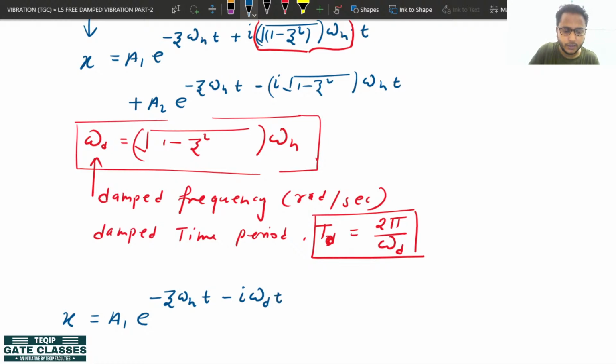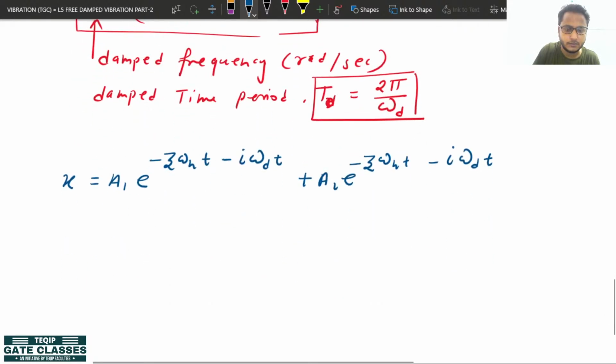We can write the second term as exponential to the power zeta omega n t minus iota omega d into t, right? Can we write this equation? Fine.